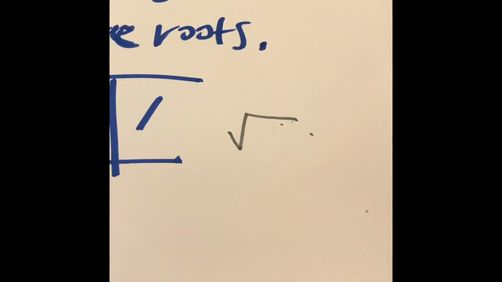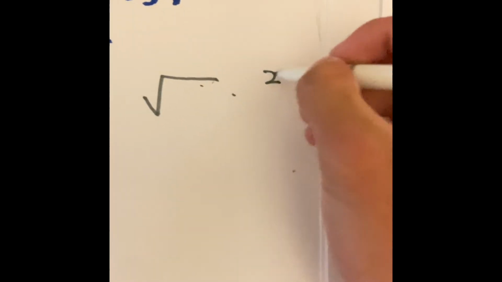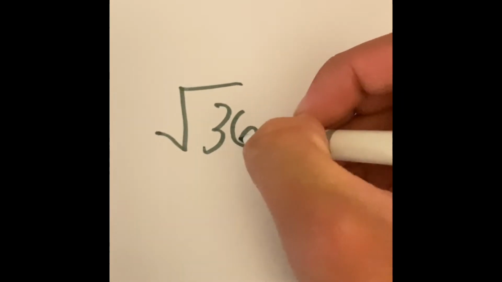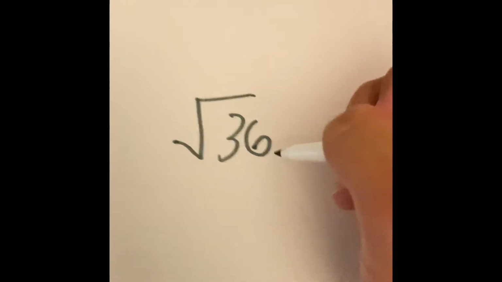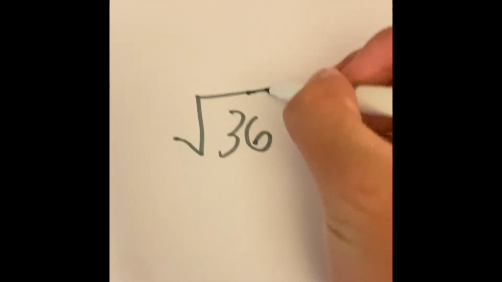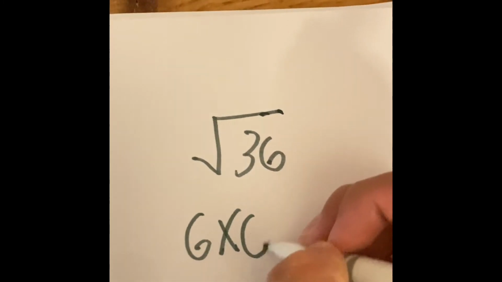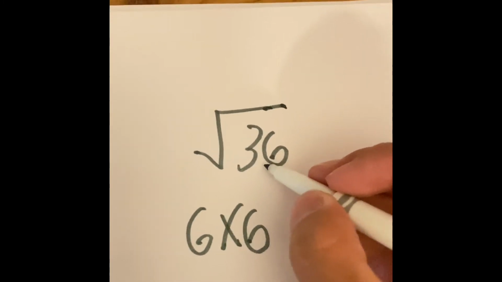So, the square root is actually the opposite of the exponent of 2. Let's say you have the square root of 36, for example. What multiplied by itself 2 times can help us to get 36? Well, we have 6 times 6 equals 36.